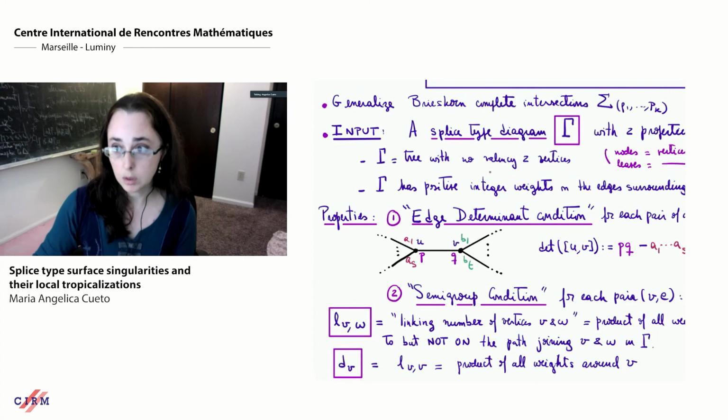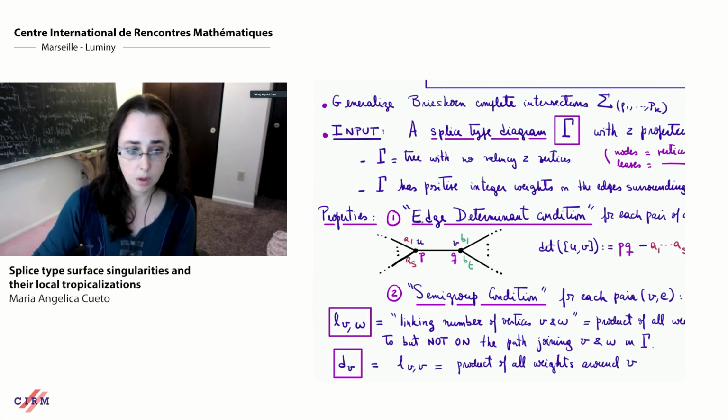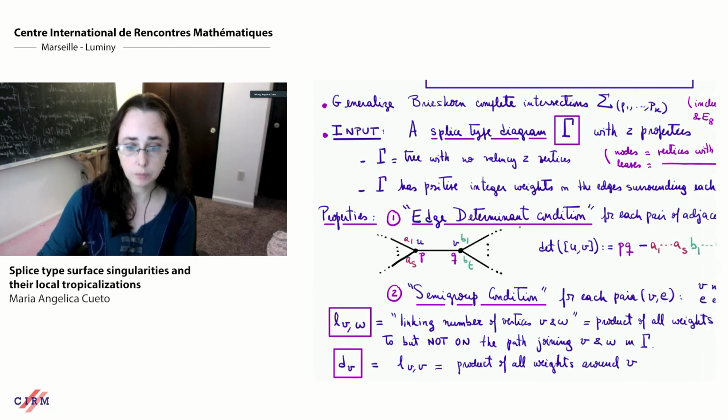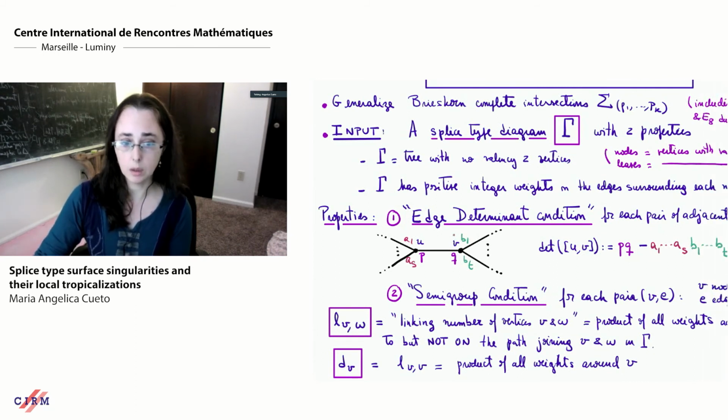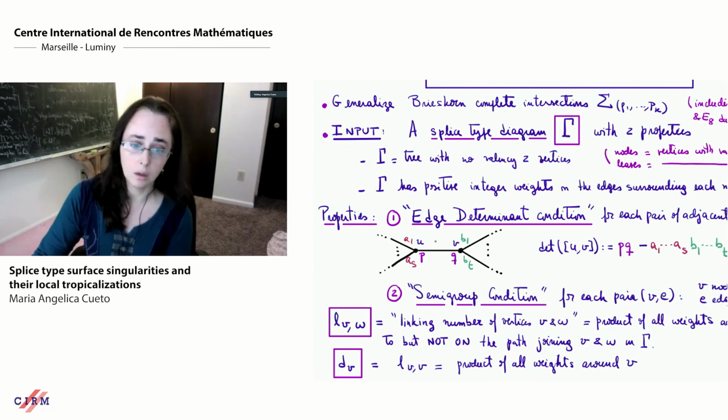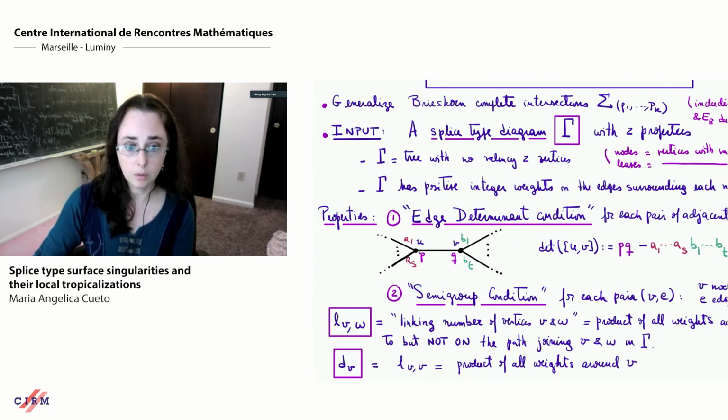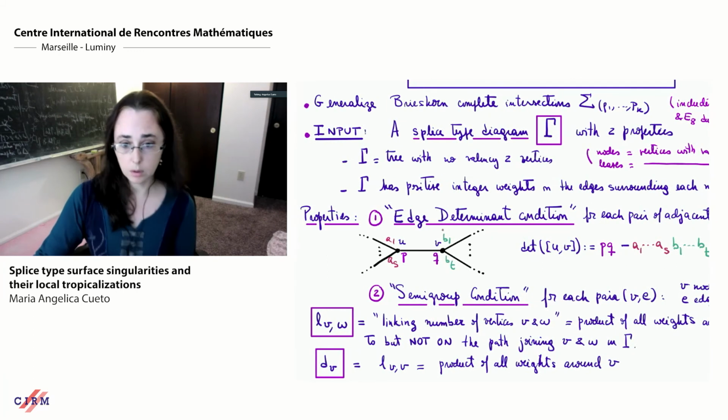The two additional properties I have to impose are, first, the edge determinant condition. It's required for every edge in my graph joining two nodes. What's this determinant condition?